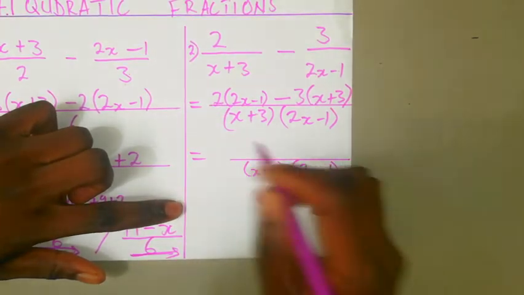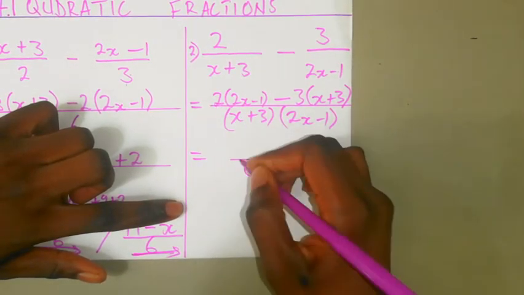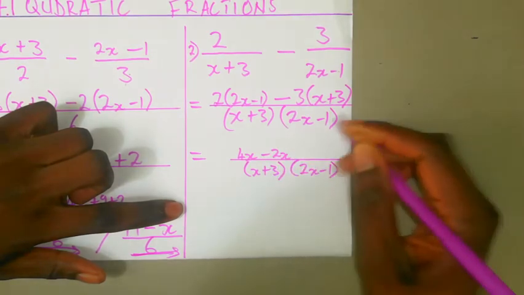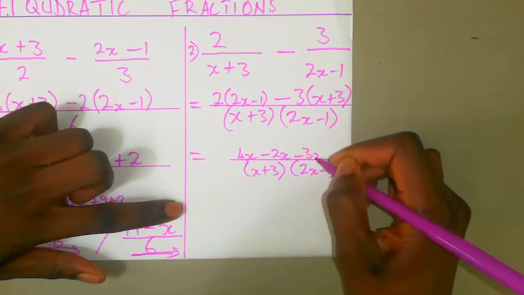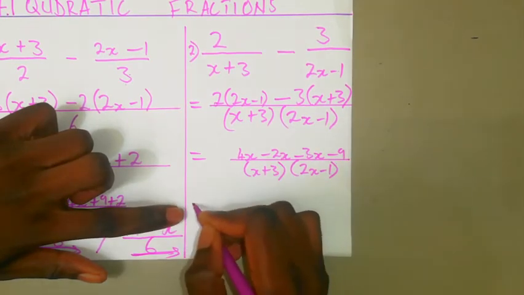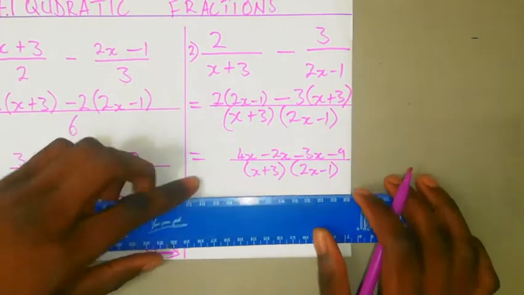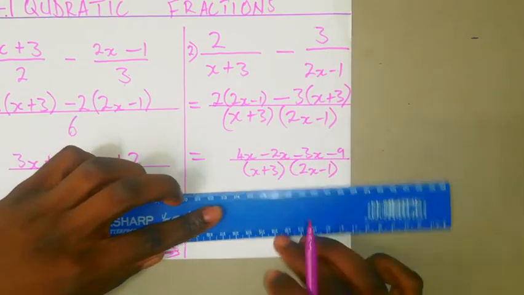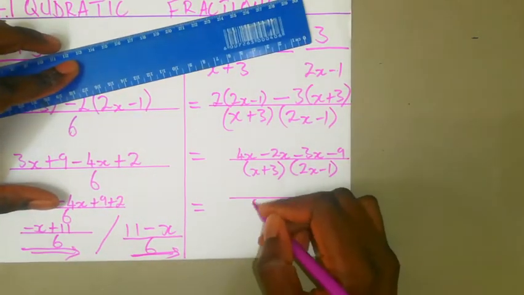So I'll expand there. 2 times 2x, that's 4x, minus 2, minus 3x, minus 9. Then I'm going to collect my like terms. It equals, I'm now collecting my like terms. Common denominator first.